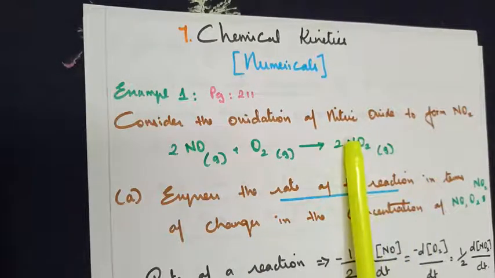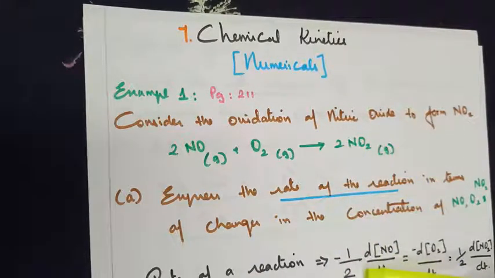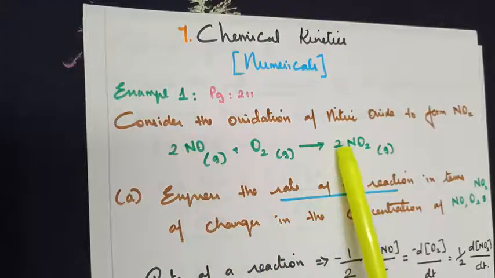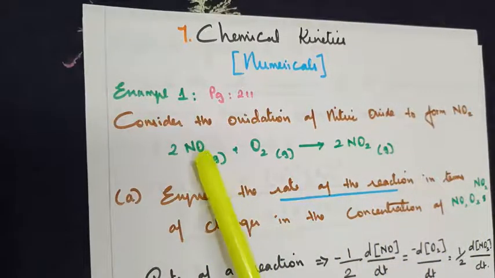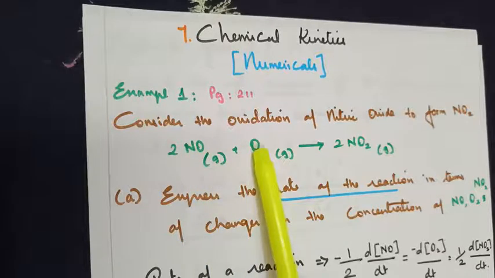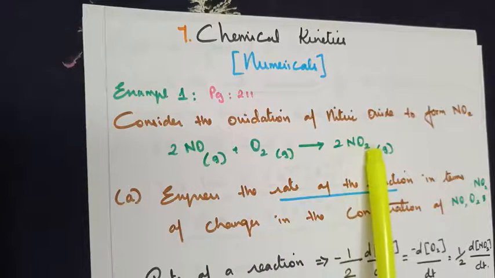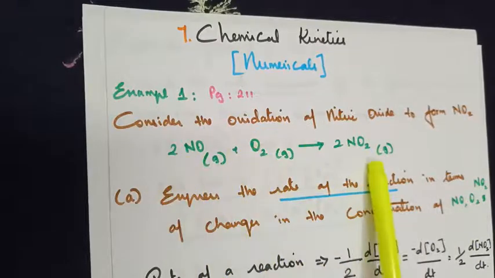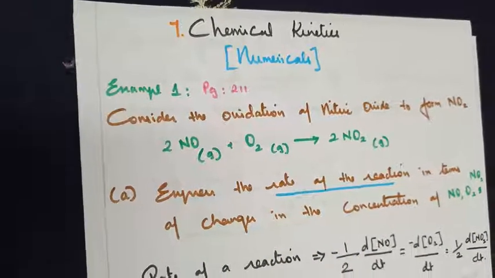If it is not balanced, the following substitution or writing of the formula will go wrong, and as a result your answer will be wrong. In this case, 2 nitrogens are here, and 2 nitrogens on the other side is balanced. In terms of oxygen, 2 plus 2 becomes 4. On the other side, 2 twos are 4. So in terms of nitrogen and oxygen, the reaction is balanced on both sides.